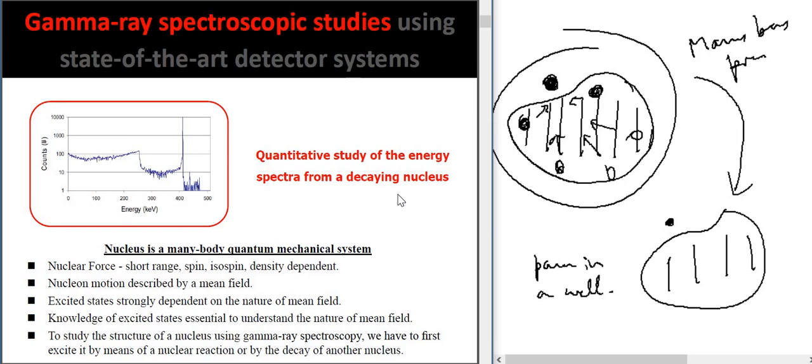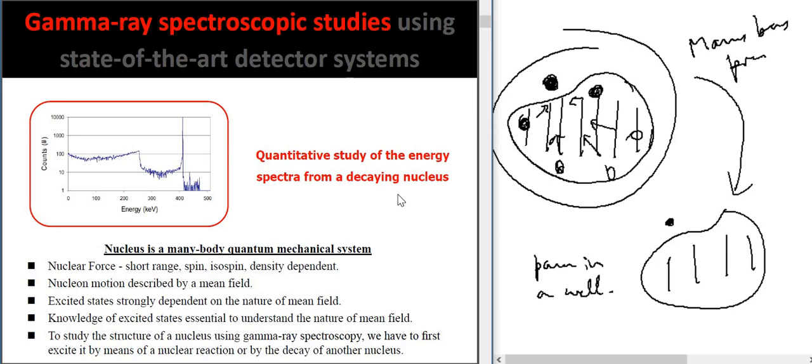Okay, so what we are going to do is study the structure of the atomic nucleus using gamma ray spectroscopy. And so for that, as I was saying, what was I saying?